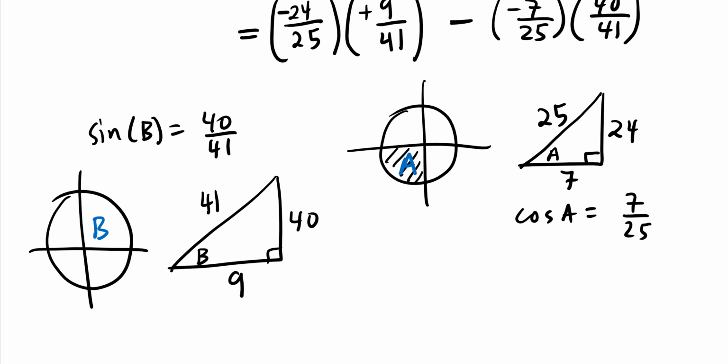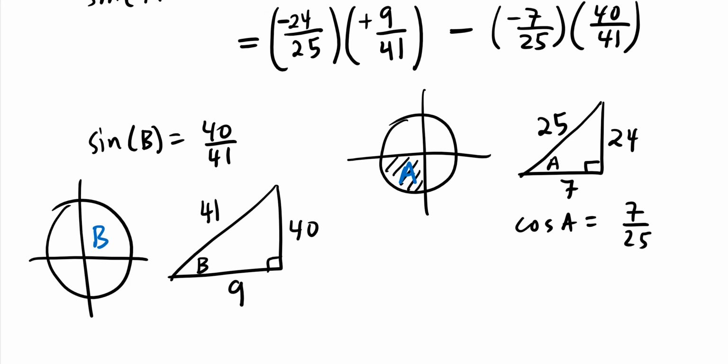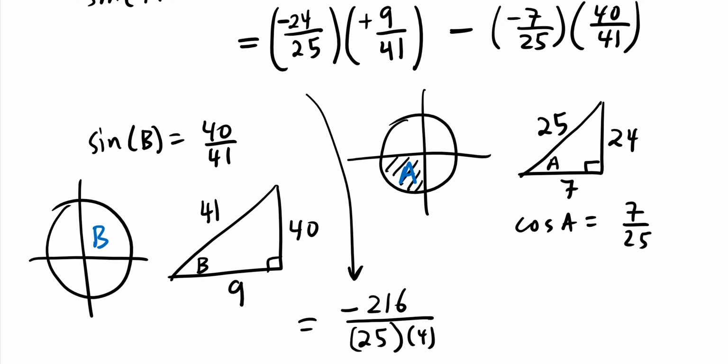So now I'm going to take that line on the top and see how to simplify this. First thing I always do, multiply the top ones. So we're going to multiply 24 by 9, so that expression is going to equal negative 216 over 25 times 41. Keep it for now the same.